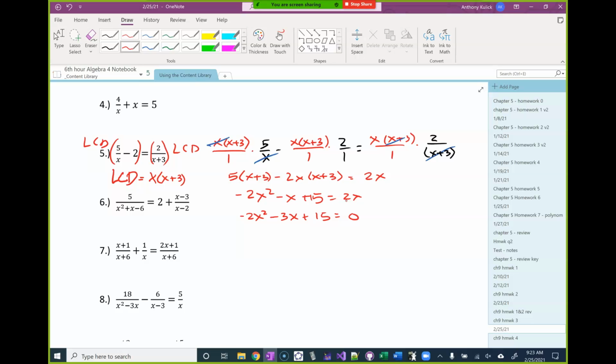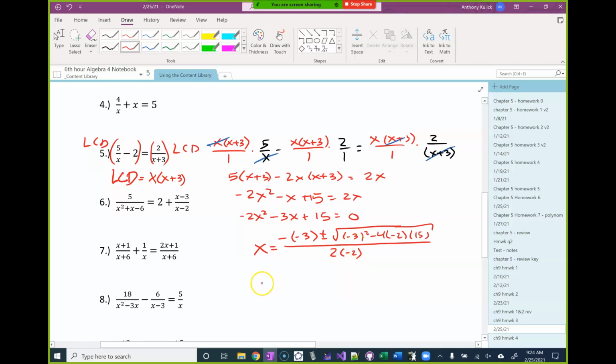I don't even know for sure by looking at it if it will factor or not right away, so I'm just going to bowl right into the quadratic formula. Is that okay with you guys? Yep. Okay. In general, if I'm solving and the leading coefficient isn't 1, I'm probably just going to use the quadratic formula, unless it's easy for me to tell that it's going to be factorable.